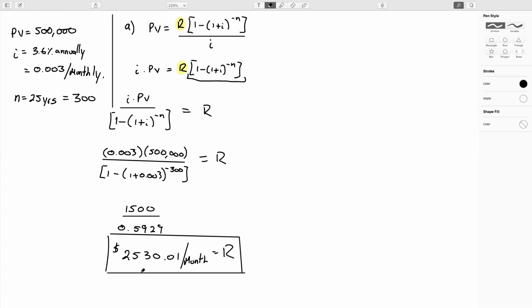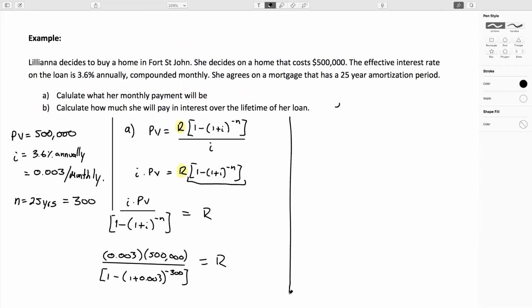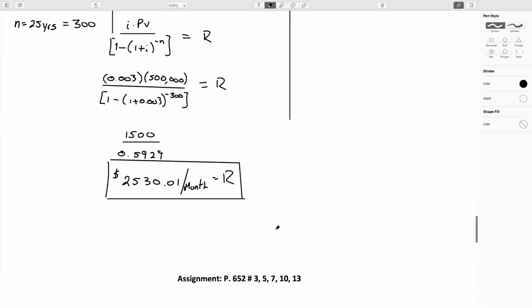Leanna's making big bucks doing whatever she's doing. Now it's time to figure out how much she's paying in interest. Okay, so we've got to figure out how much she paid in total, part D. Total paid. That's going to equal her payment, which is $2,530.01.